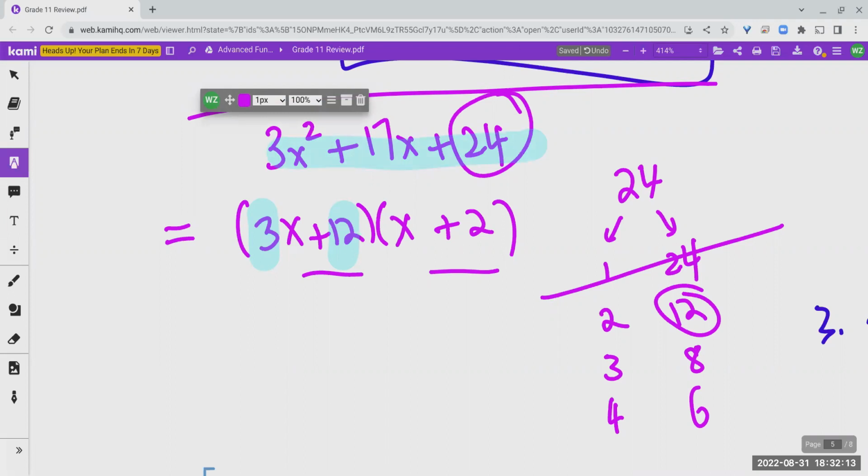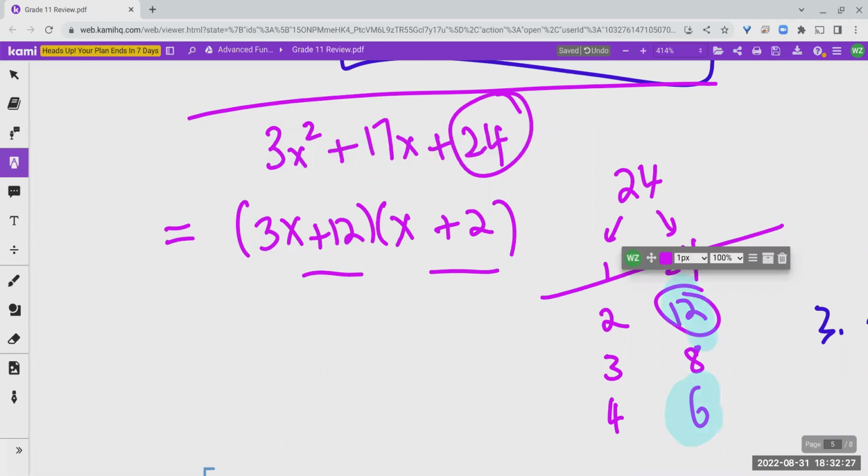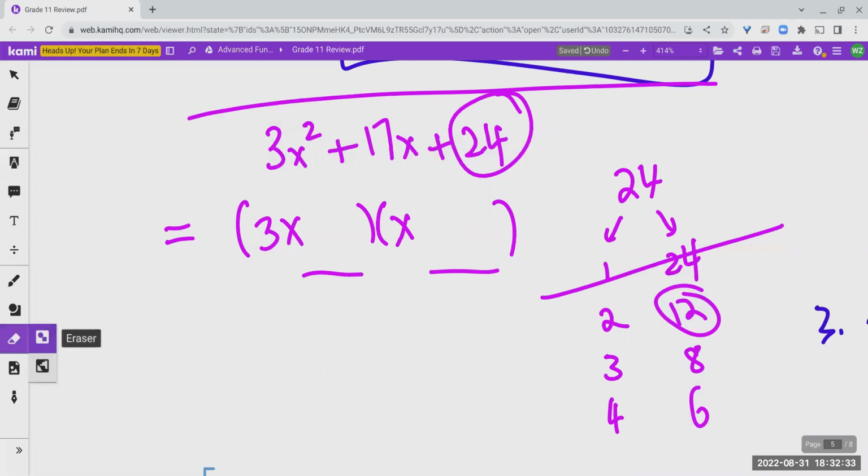Look, 17 cannot divide by 3. So if your answer can factor out a 3 and your question can't, that means you're wrong. So this can't be the answer. Same thing with this 6 right here. They can't go together with the 3. You can eliminate those answers altogether.